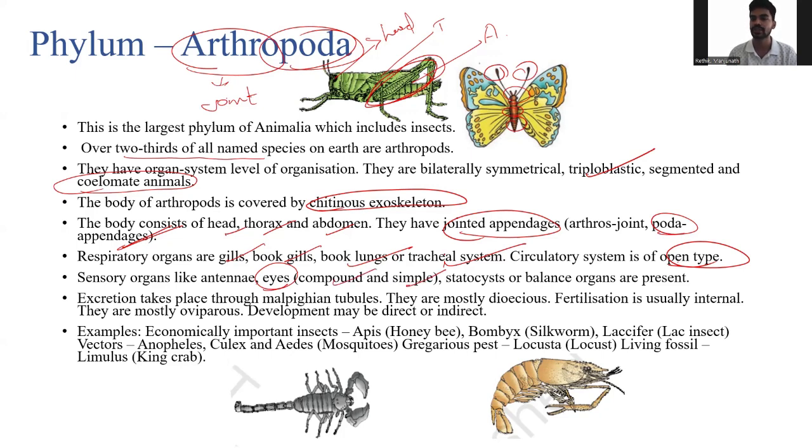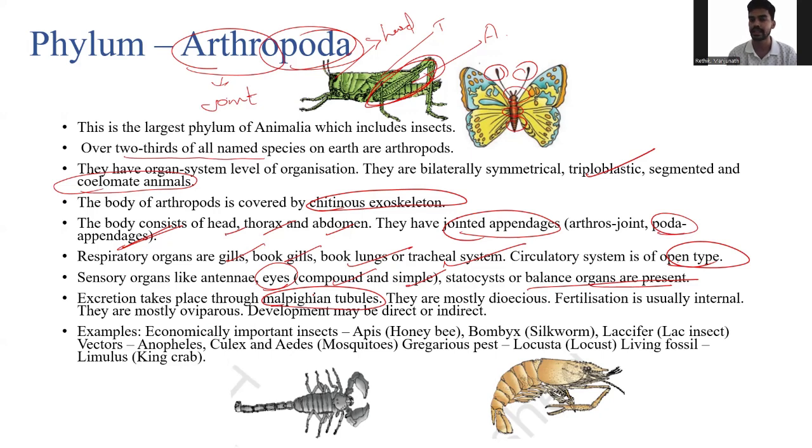Organs such as statocysts, or balance organs, are also present. The excretory system normally works through Malpighian tubules, which take care of excretion.